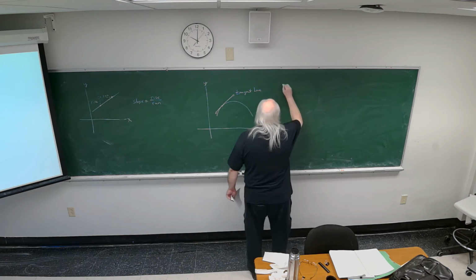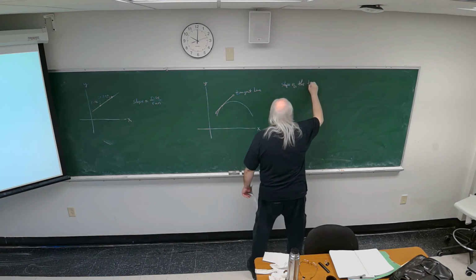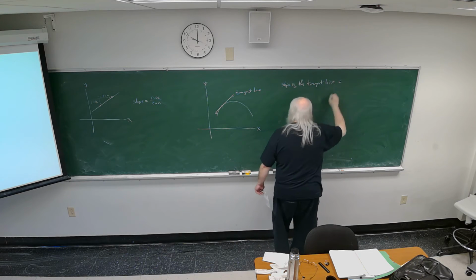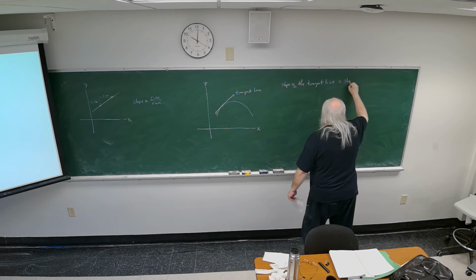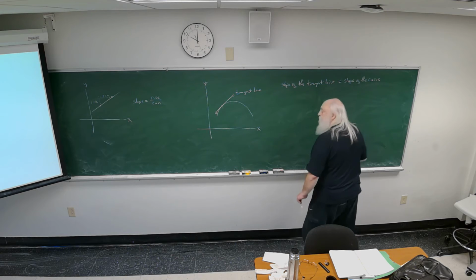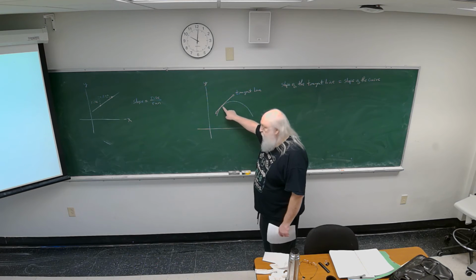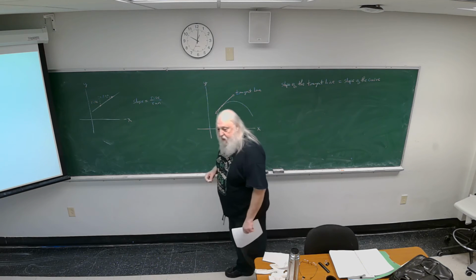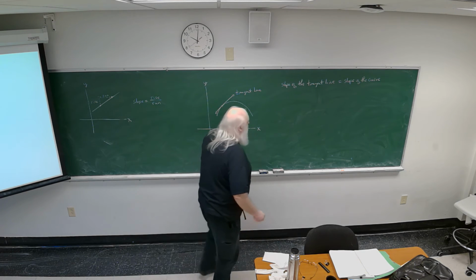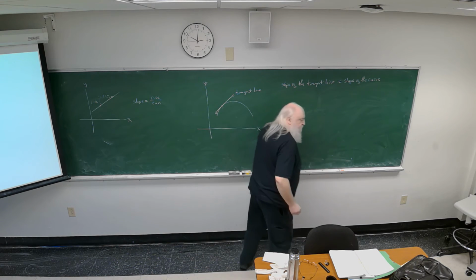Slope of the tangent line equals the slope of the curve. We calculate the slope of the tangent line, we know what the slope of the curve is at that point. Okay. That requires the difference quotient. That slope involves a limit.